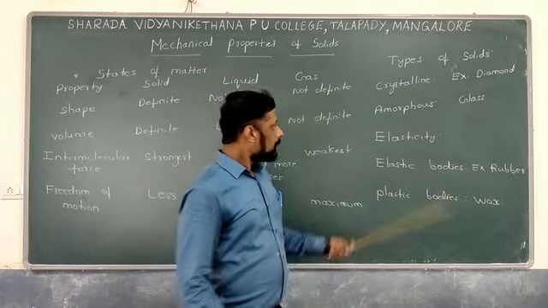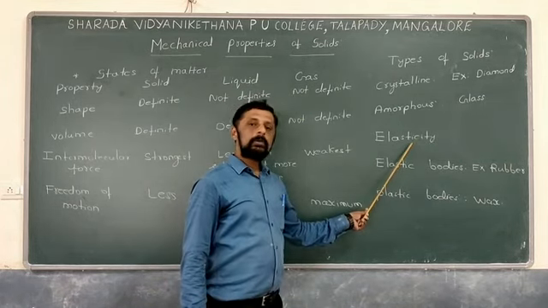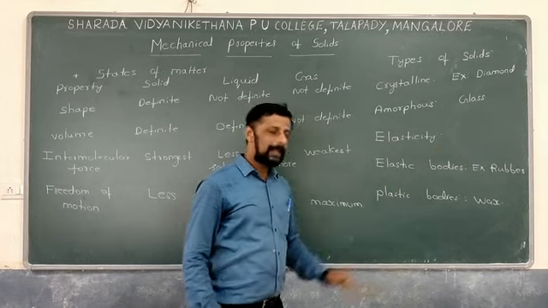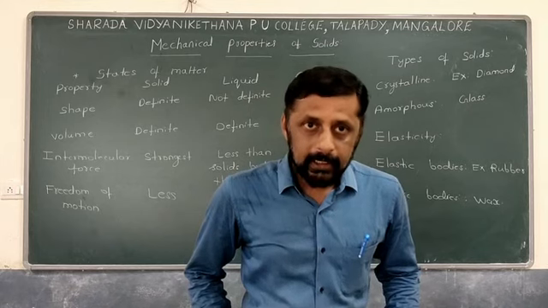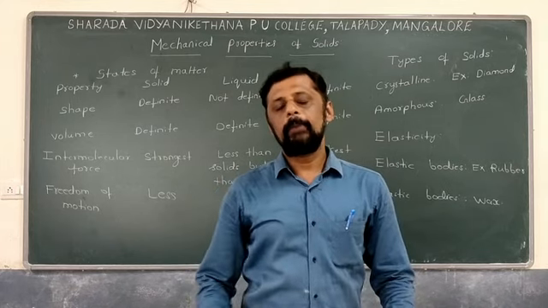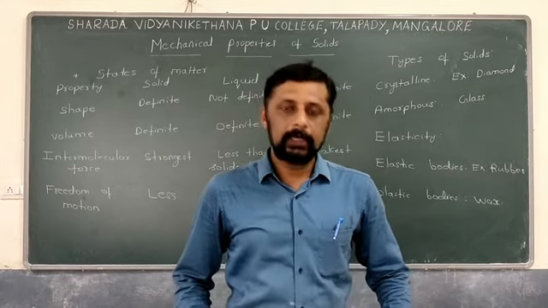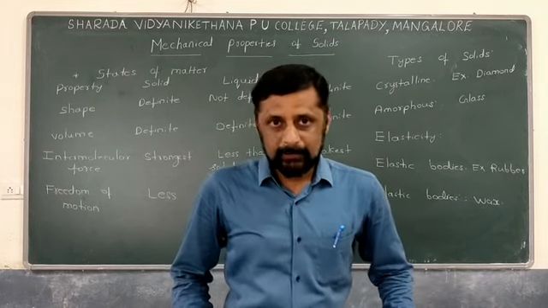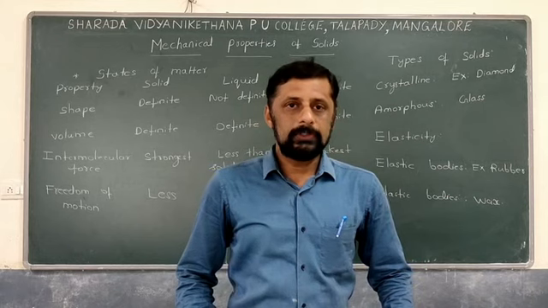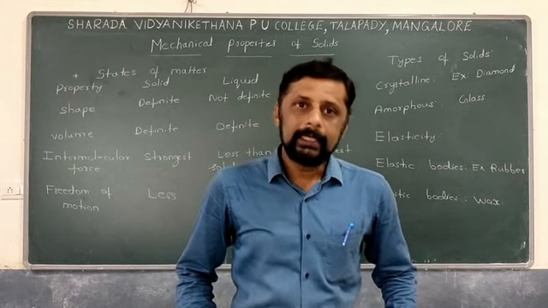Next, another important property possessed by solids, that is elasticity. So if you consider a spring, when you stretch the spring by applying some force, its length is going to increase. When you compress the spring by applying force, then its length decreases.